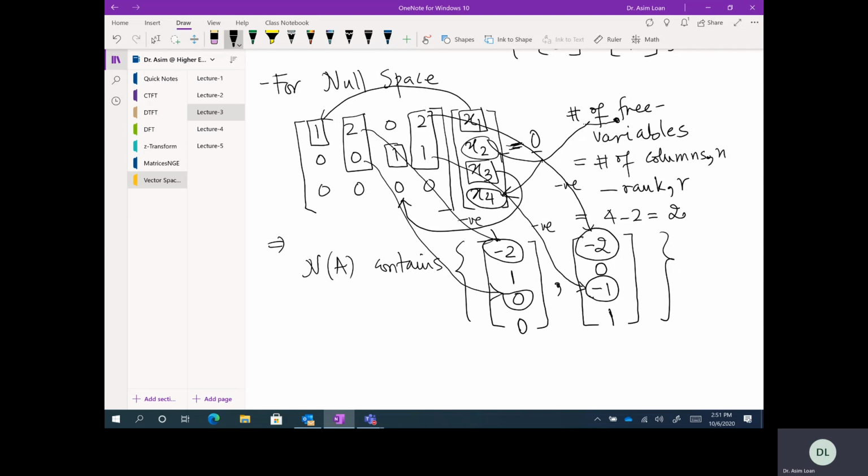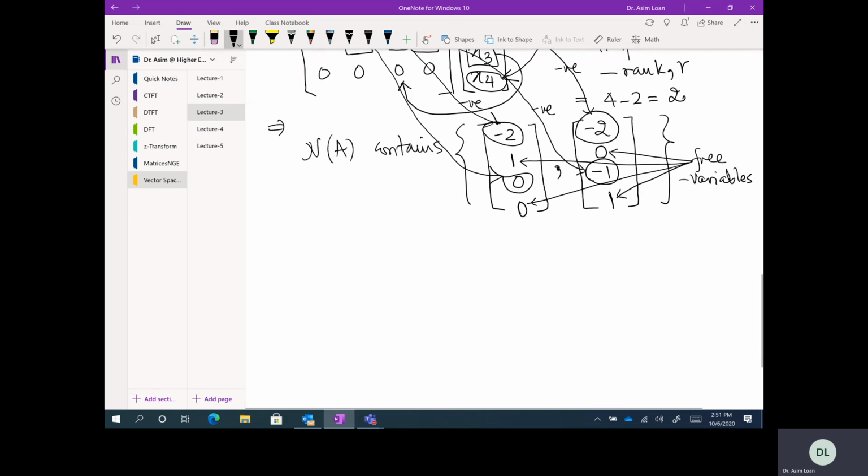So minus 2, 1, 0, 0, minus 2, 0, minus 1, 1. So these are the free variables, which alternately take on values 1 and 0, and all others are obtained from the matrix R.